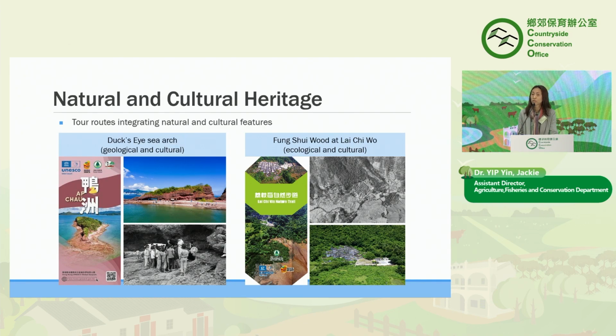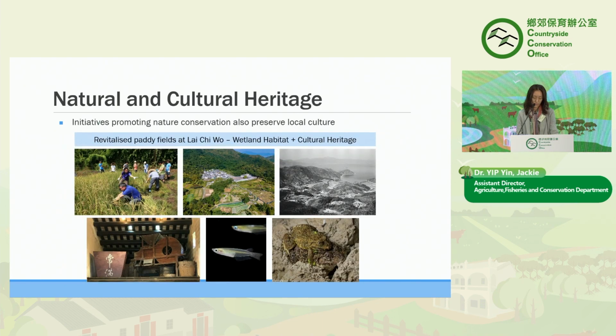It's an interesting geological feature, but also a central part of the life of the Ap Chau people, where they gather and where they have events. And the feng shui wood of Lai Chi Wo has very high ecological value, and it is also protected for cultural reasons by the locals. So the cultural and the natural features are actually interrelated, and we can tell much better stories through understanding more about these features.